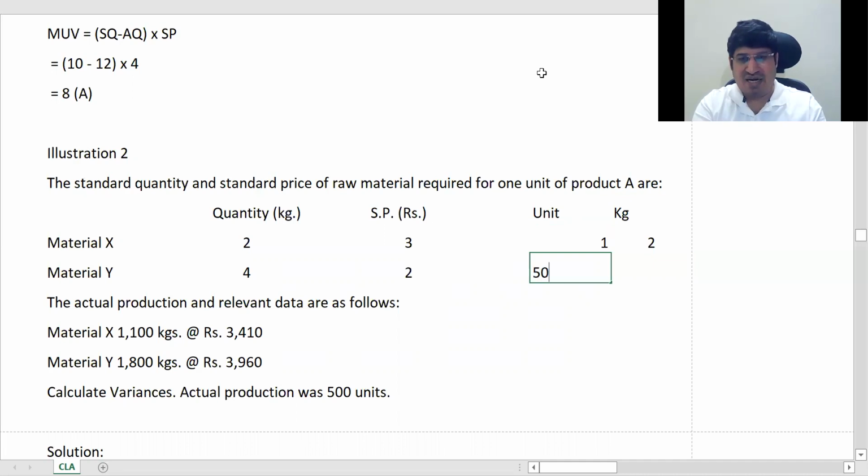For getting 500 units, how many kgs will you have to put? 500 into 2 upon 1, right? 500 into 2. Similarly, for 4 it will be 500 into 4. 500 into 2 will give you what?